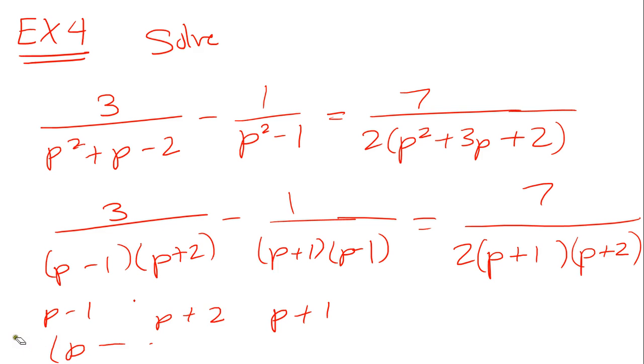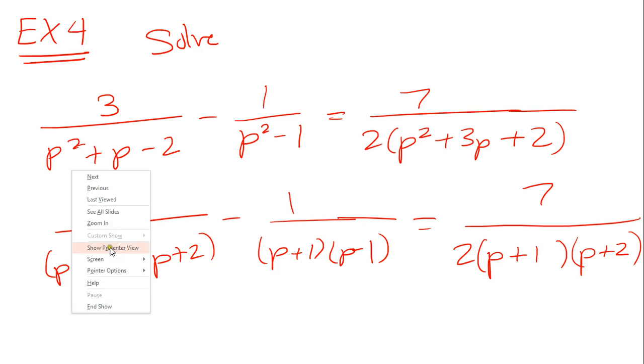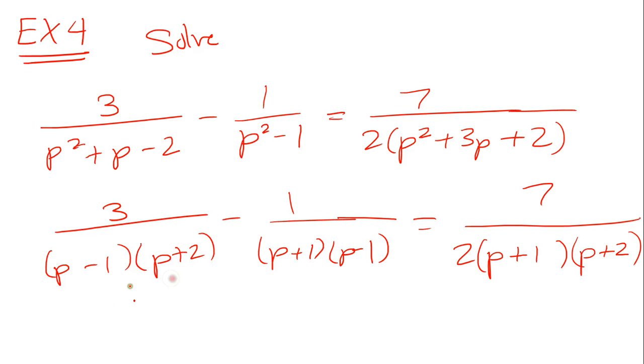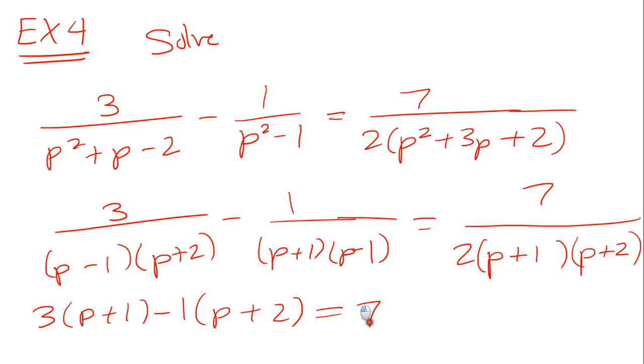Alright, so we're going to be left with 3 times the only thing we don't have here, p plus 1, minus 1 times the only thing we don't have here, p plus 2, equals 7 times p minus 1.